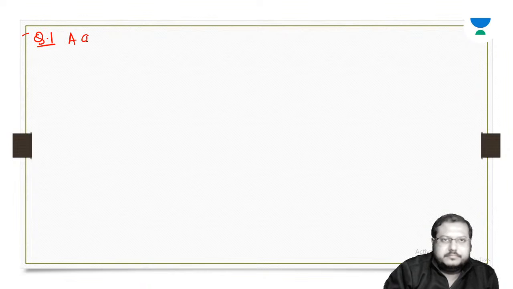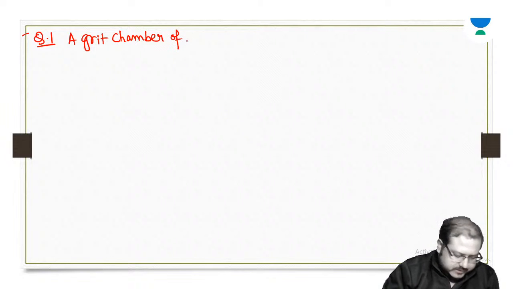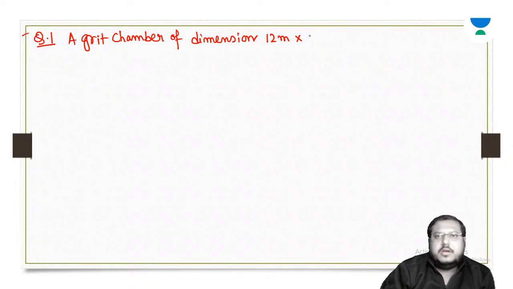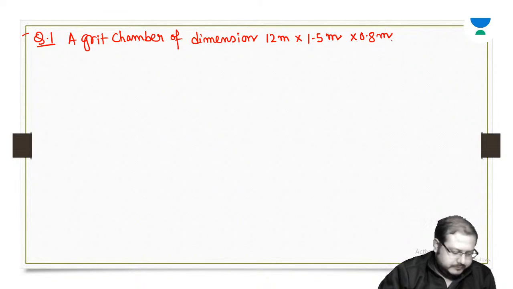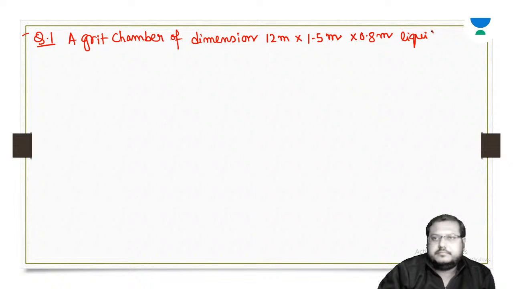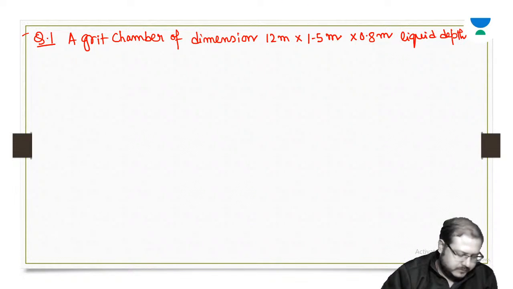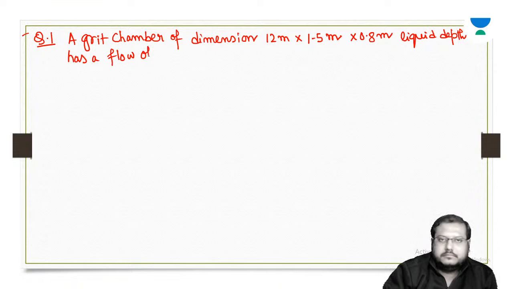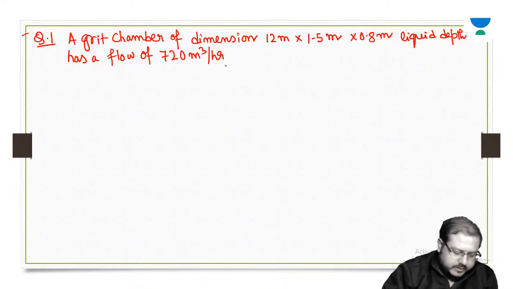A grit chamber of dimension 12 meter cross 1.5 meter cross 0.8 meter liquid depth has a flow of 720 meter cube per hour.